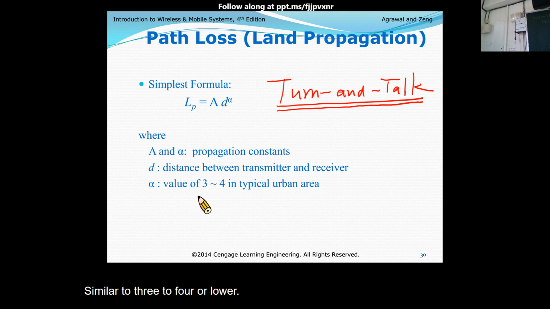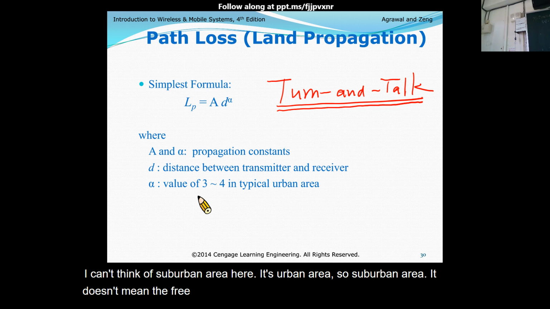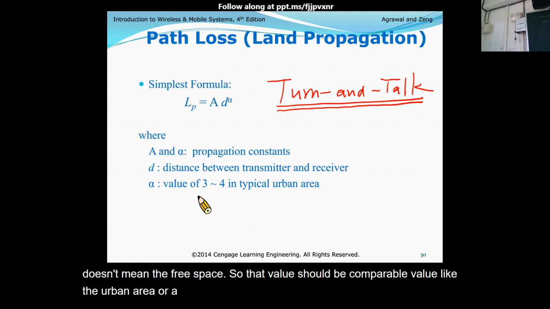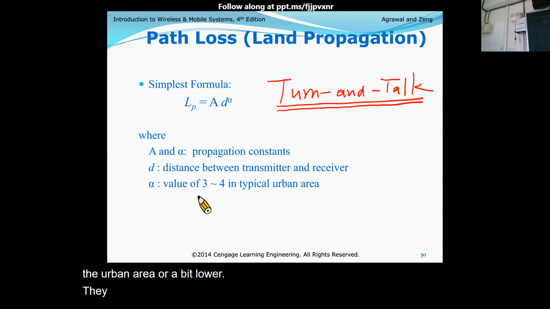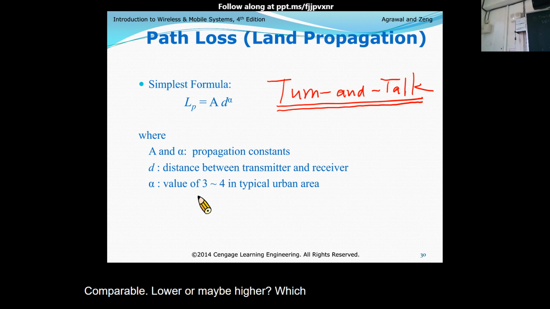Suburban area doesn't mean the free space. So that value should be a comparable value like the urban area or a bit lower. Try to guess. Comparable, lower, or maybe higher. Which one do you think? Lower. Yeah, lower. Okay, agree.